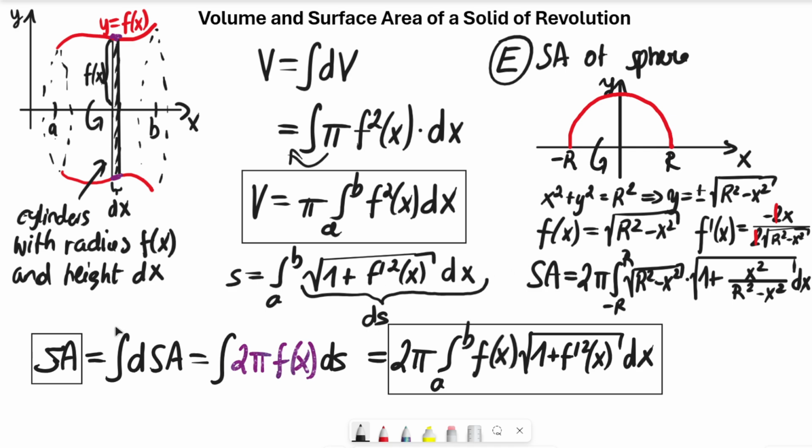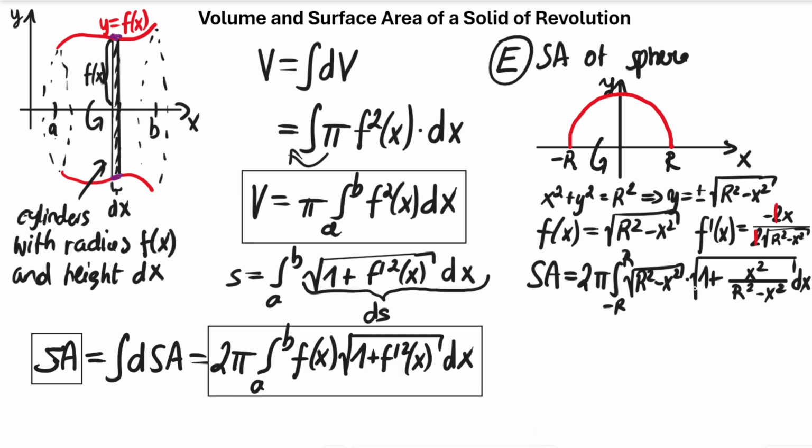I need some space here, so I shift the formula below to the left. The next step is to compute the common denominator, which is then r squared minus x squared plus the x squared. And what you see is that, all inside the root, this r squared minus x squared expression vanishes.